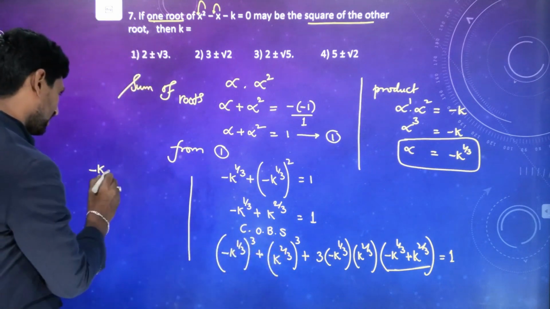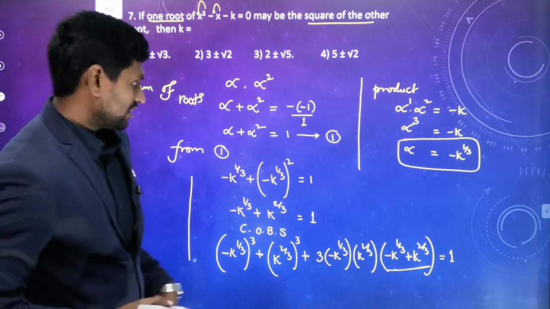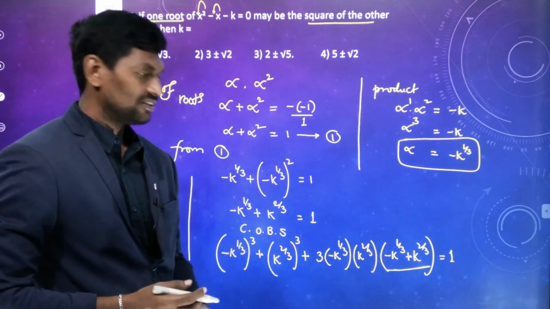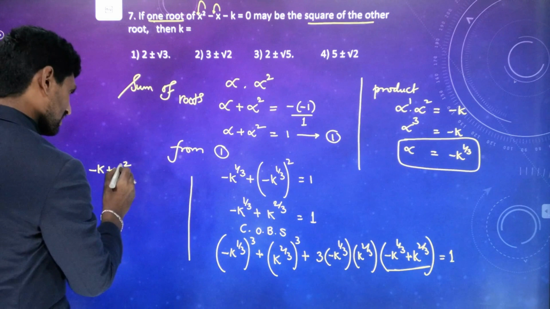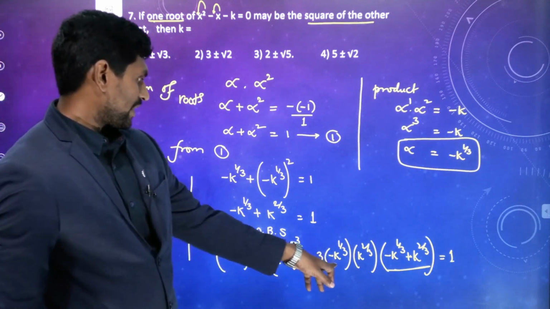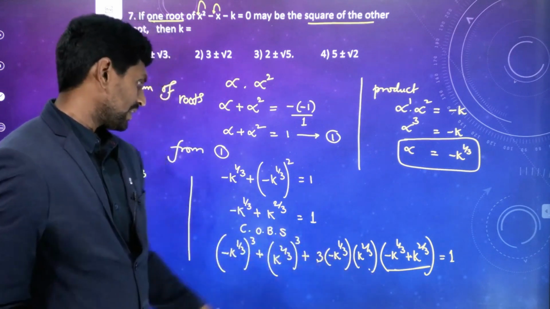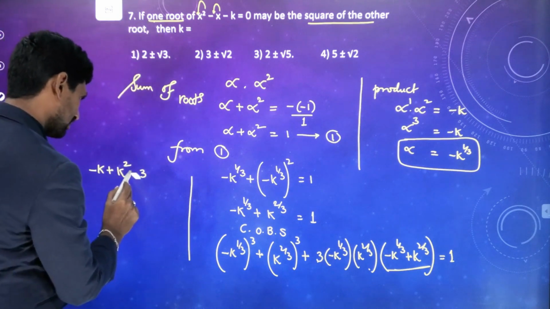Here will be k square. Now this answer will be 1. And this plus 3 into minus k power 1 by 3 into k power 2 by 3. So minus into plus become minus. Here will be minus symbol.